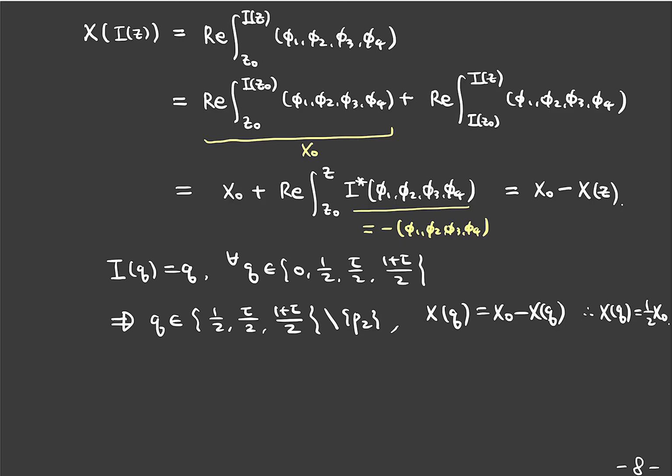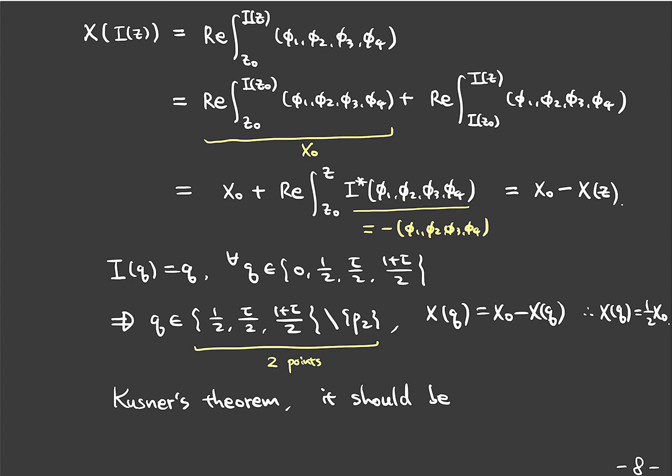And here this set has 2 points in it, so by the Cone Theorem, it should be a union of planes. So it is also a contradiction, and now theorem 1 is proved.